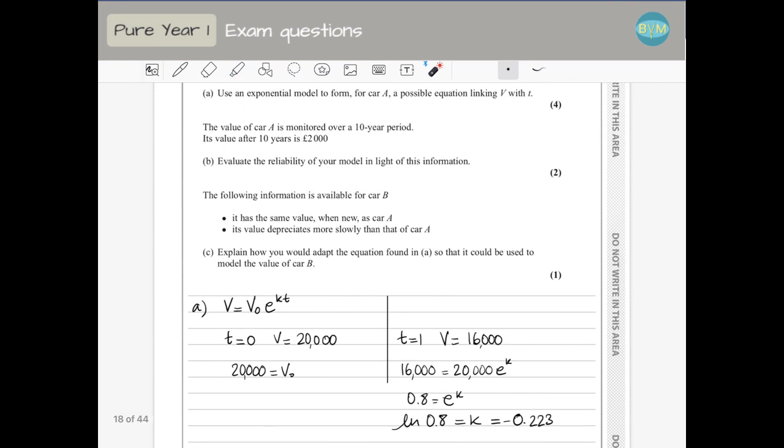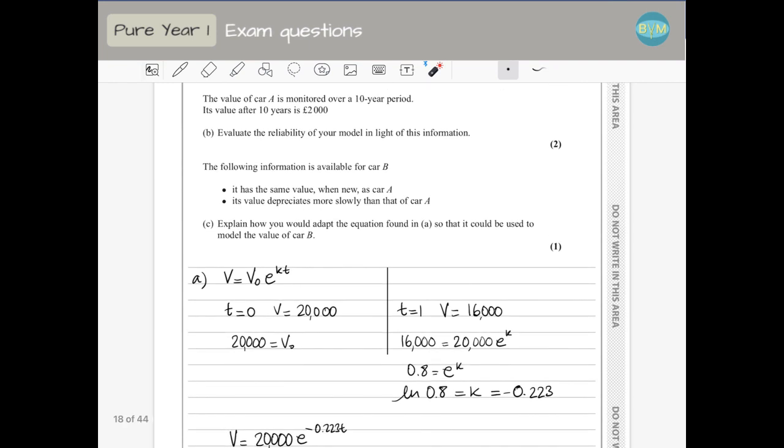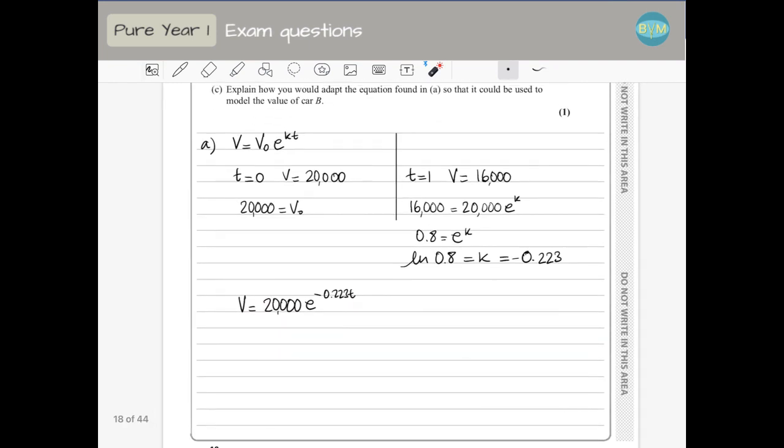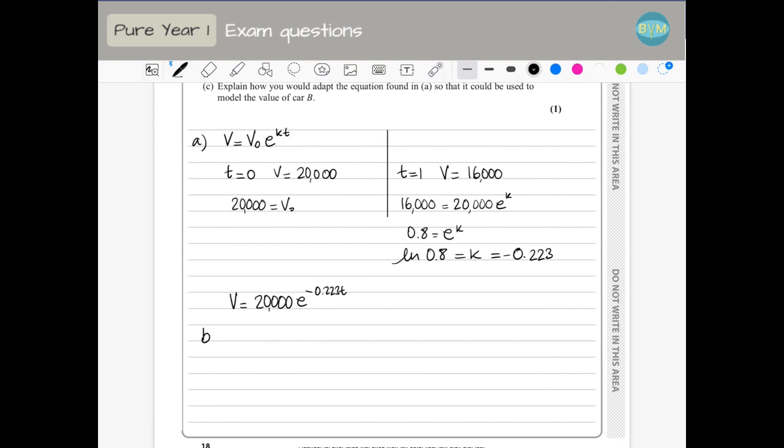It says the value of car A is monitored over a 10-year period, and the value after 10 years is £2,000. Evaluate the reliability of your model in light of this information. So we are going to find what the model predicts when t is 10 and compare with that value.